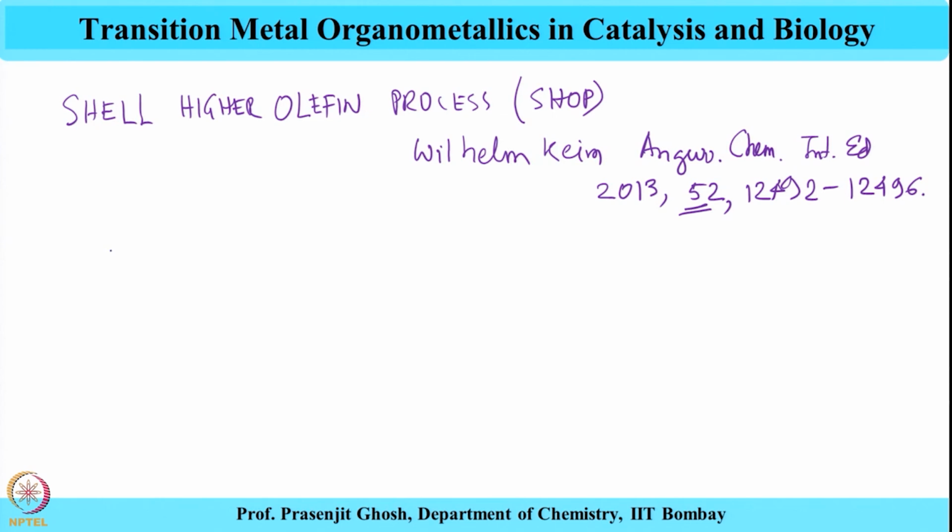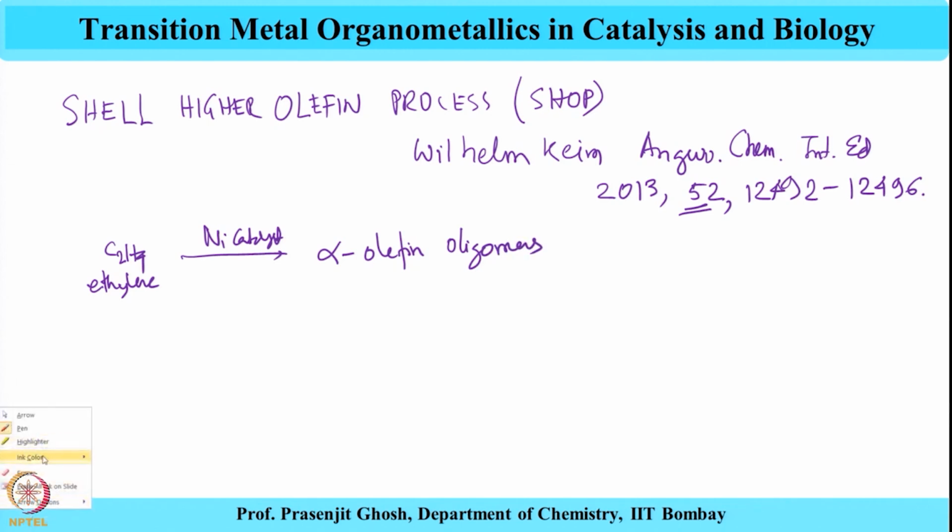were prepared by the Ziegler-Natta method from C2H4, ethylene, using a nickel catalyst, which produced alpha olefin oligomers, and that had a huge distribution of different fragments, as is shown over here.